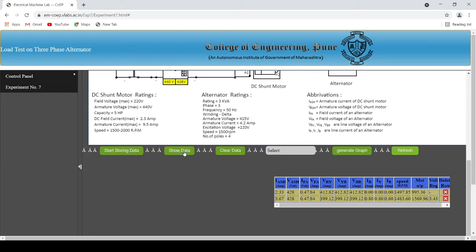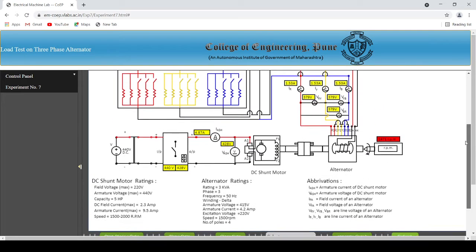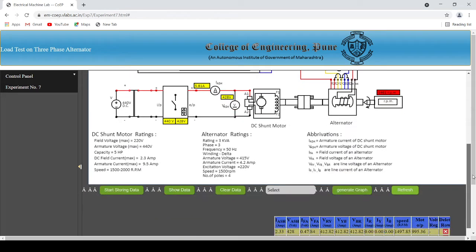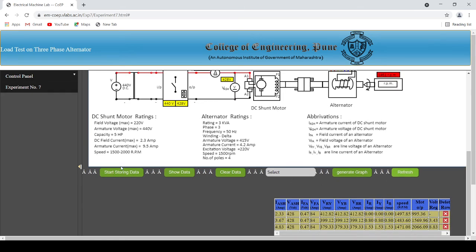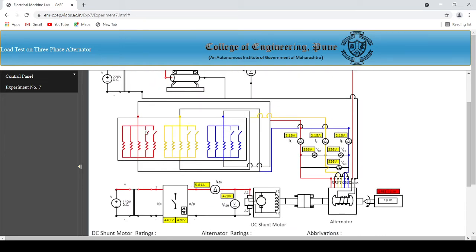Start the data and show it. For every increase, the reading is stored every time, which can be viewed by using the same show data button. I have increased the third one for all the R, Y and B in the load bank. The last two.